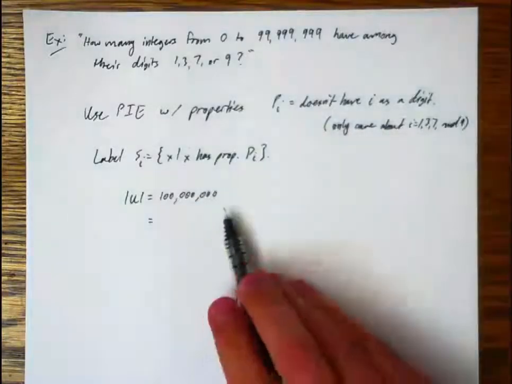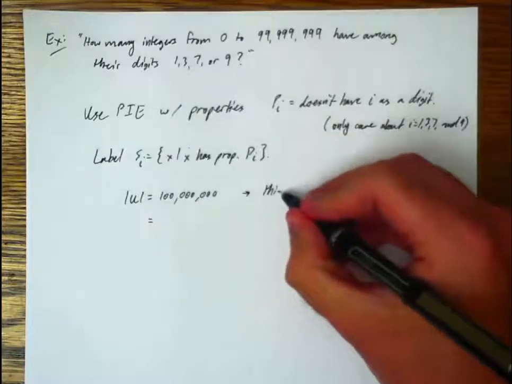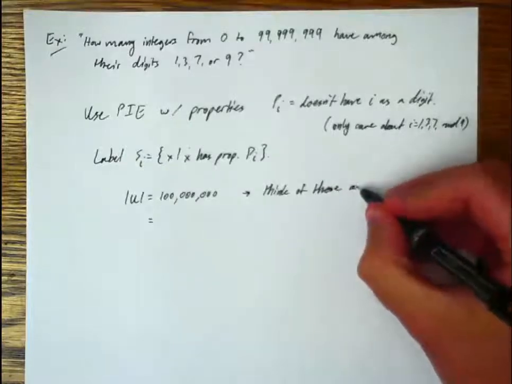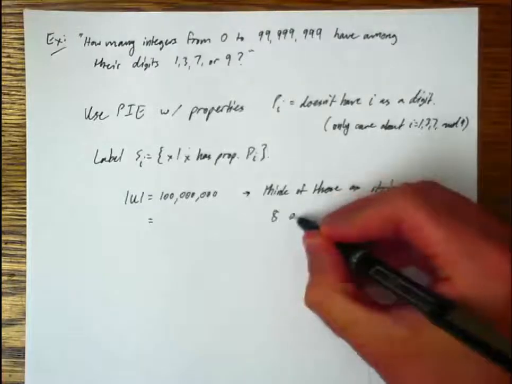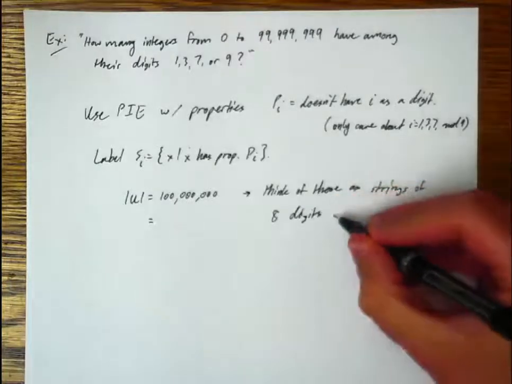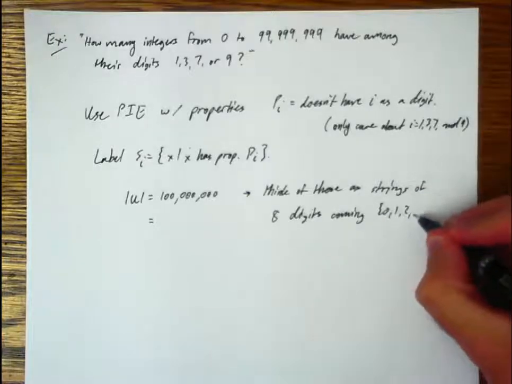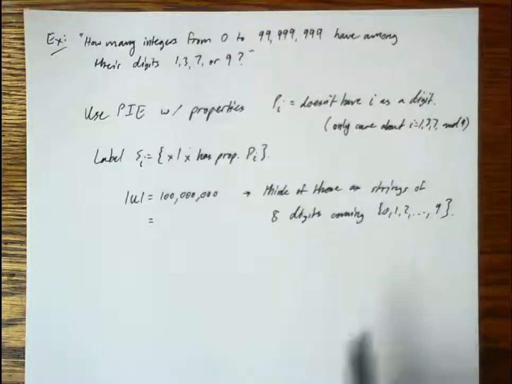We'll get to what this actually equals, but we want to think of these numbers as strings of 8 digits, and those digits will come from the set of 0, 1, 2 through 9. If we do that, it's kind of like an example that we did way back in the first real lecture of this course, which would have been section 2.1.